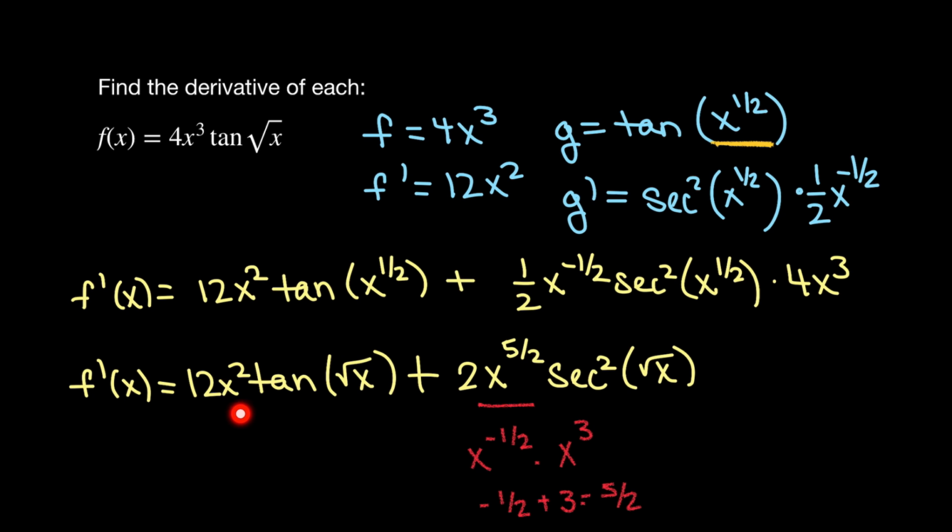F prime of x is going to be 12x squared times tangent of square root of x, plus 1/2 times 4 is 2, and then x to the negative 1/2 times x to the third, add the exponents. That's going to be x to the 5/2, and then secant squared of square root of x. And there's my answer.